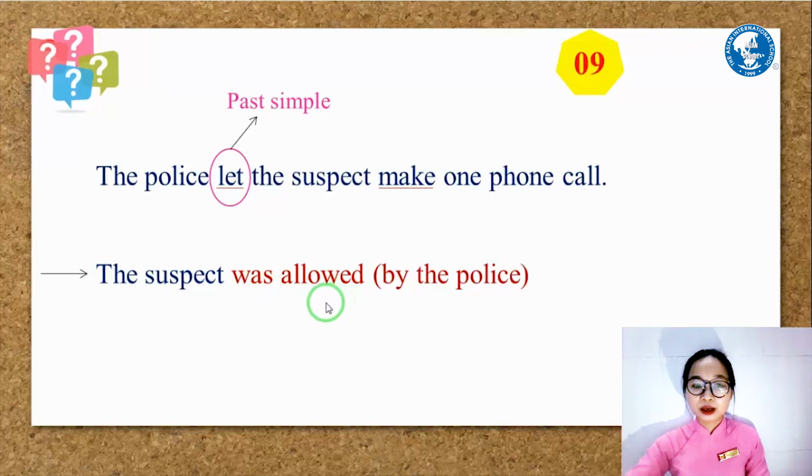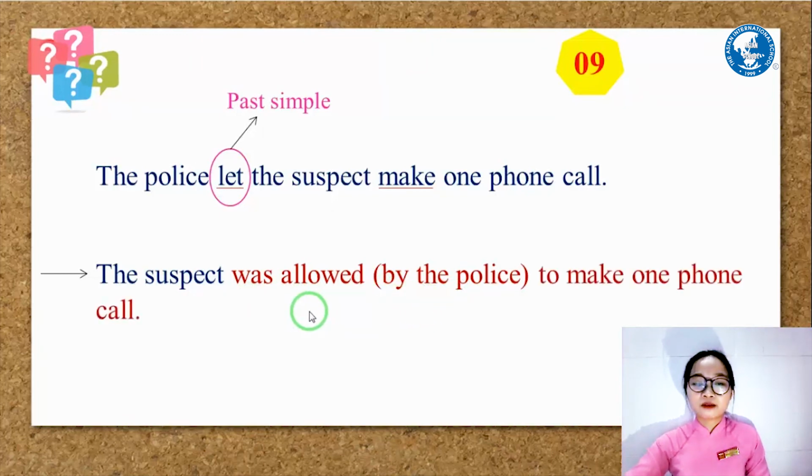Remember that let doesn't have a passive voice, so we need to use allowed instead. So be in past simple tense, so it can be was or were, but suspect is singular, so we use was allowed. By the police, you can add by an object or you can omit them. And after allow is to make a phone call, to infinitive.